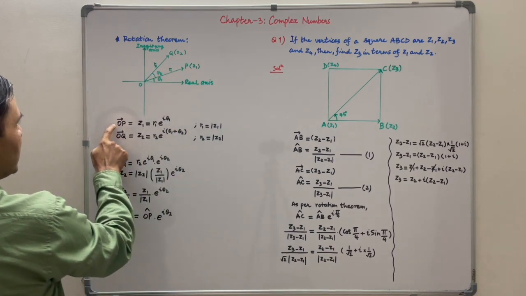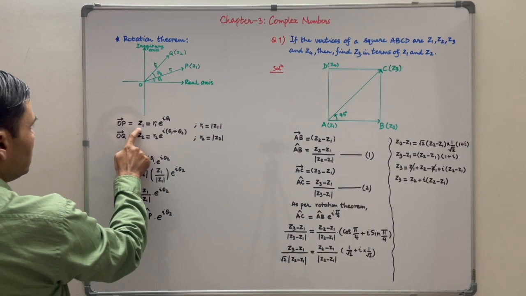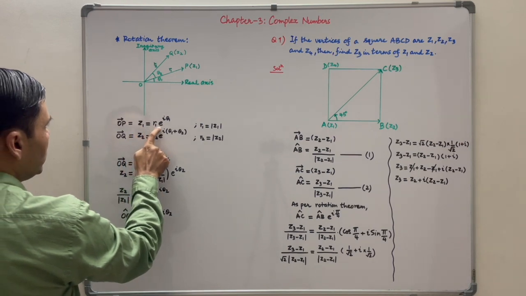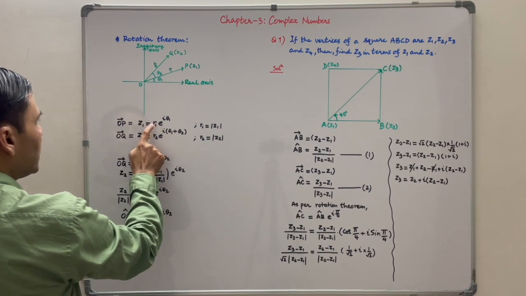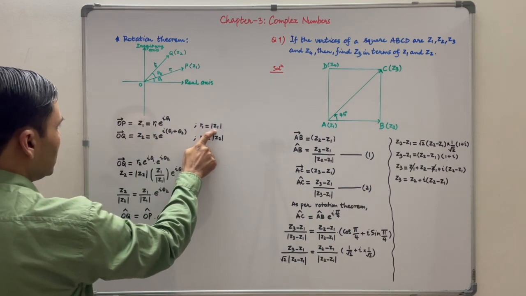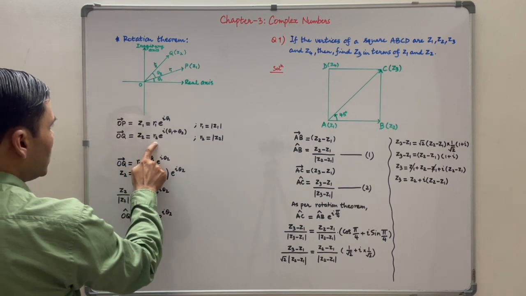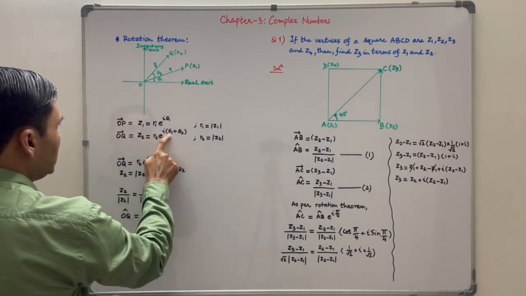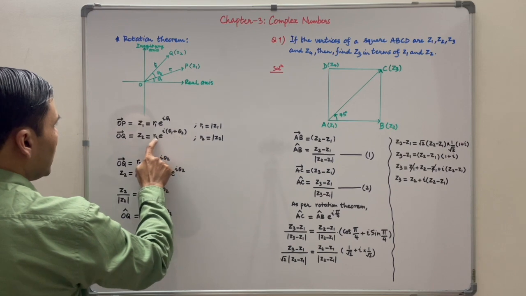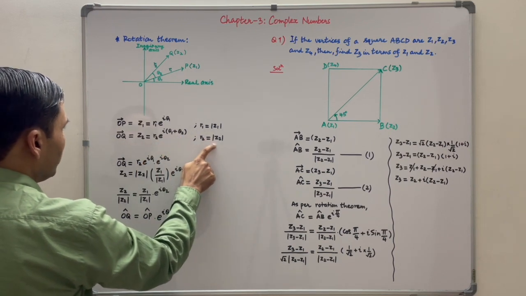So we can write vector OP is equal to Z1 is equal to R1 into e to power i theta 1 in exponential form, where R1 is equal to mod Z1. And vector OQ is equal to Z2 is equal to R2 into e to power i (theta 1 plus theta 2), where R2 is equal to mod Z2.